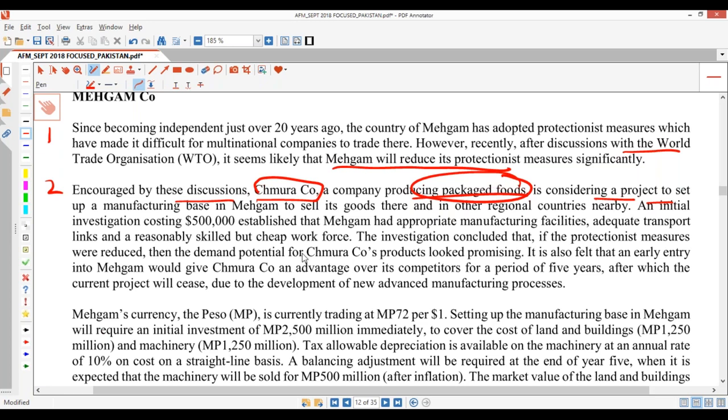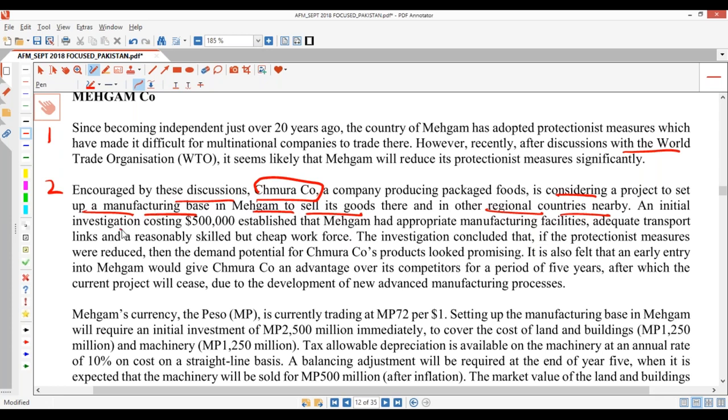Packaging food is sensitive to regulations and all that. Considering a project to set up a manufacturing base in MEGAM to sell its goods to regional countries nearby. So you're going to have currency risk already.